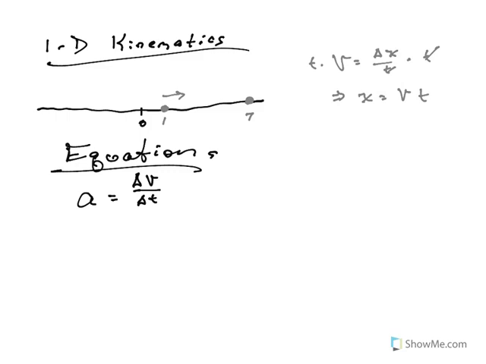And this makes sense. If I said, you're traveling 5 meters per second, so your v is 5 meters per second, and you travel for a time of 10 seconds, and I wanted to know how far do you go. I guarantee you, if I asked you the question, you'd be able to tell me, well, you went 50 meters.